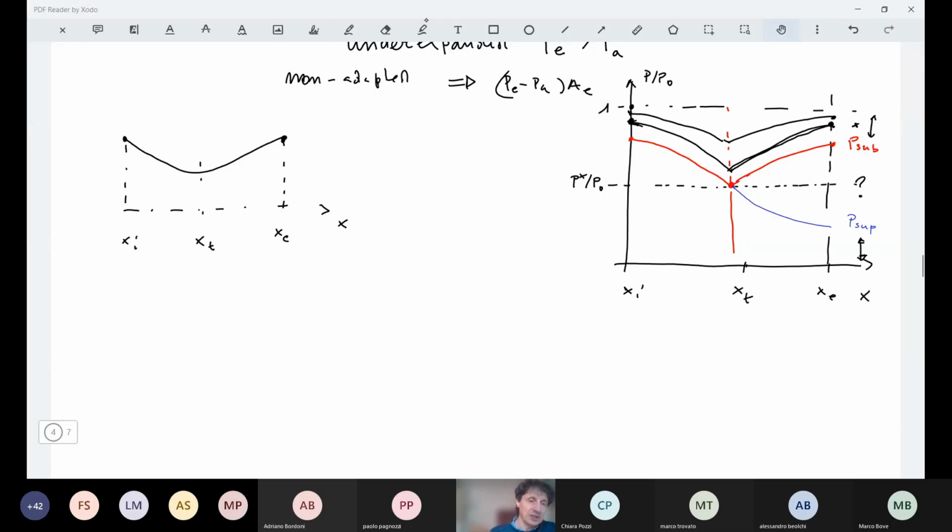If we now don't make this simplification, we can write this ratio by making explicit the possible difference between the total pressure at the throat and at the exit.